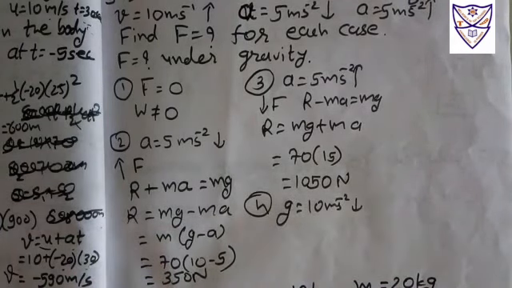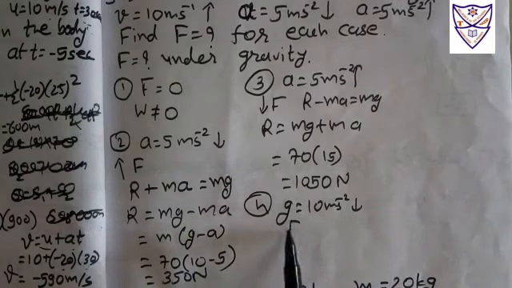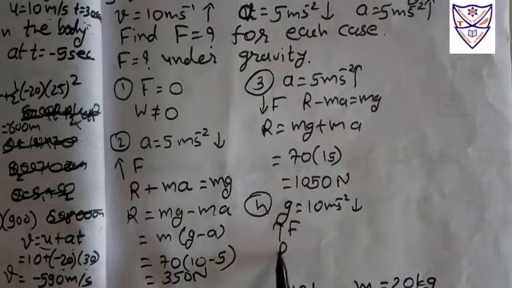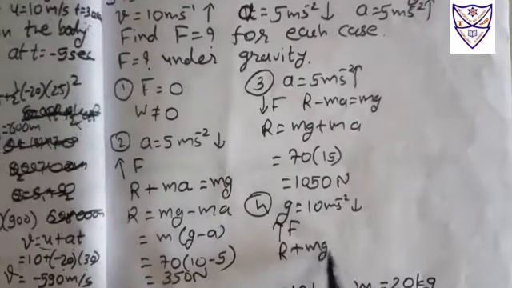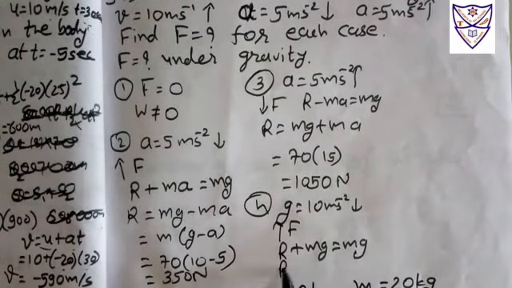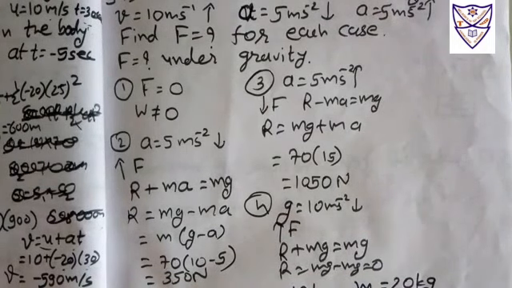So here the pseudo force is in the upward direction, so R plus mg is equal to mg, so R is equal to mg minus mg, which is 0. So whenever any object is under gravitational force and is free falling, no other force will be working on that particular object.